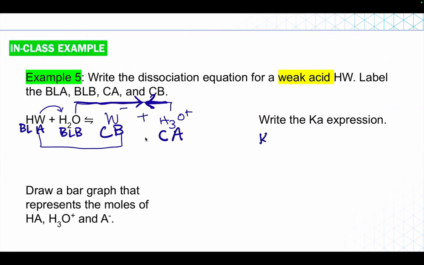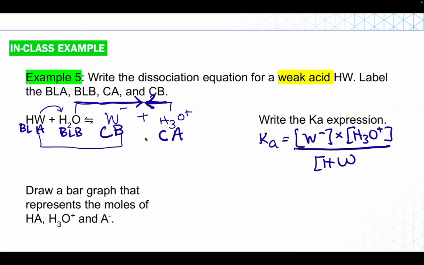So the Ka expression, and it doesn't matter what order you put these, will be the anion and the hydronium over the weak acid molarity. The bar graph is going to be, again, moles or molarity.